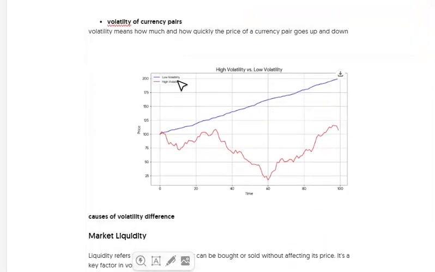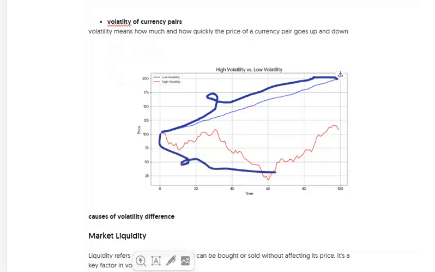I've uploaded an image here to illustrate that. Let's assume this is a currency pair, and we compare it with this one here. I hope you can see there is a difference in price movement in these pairs.